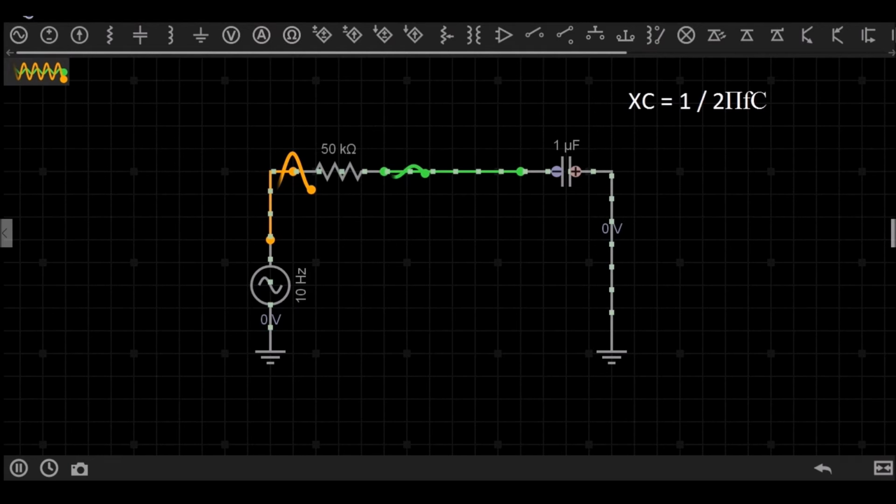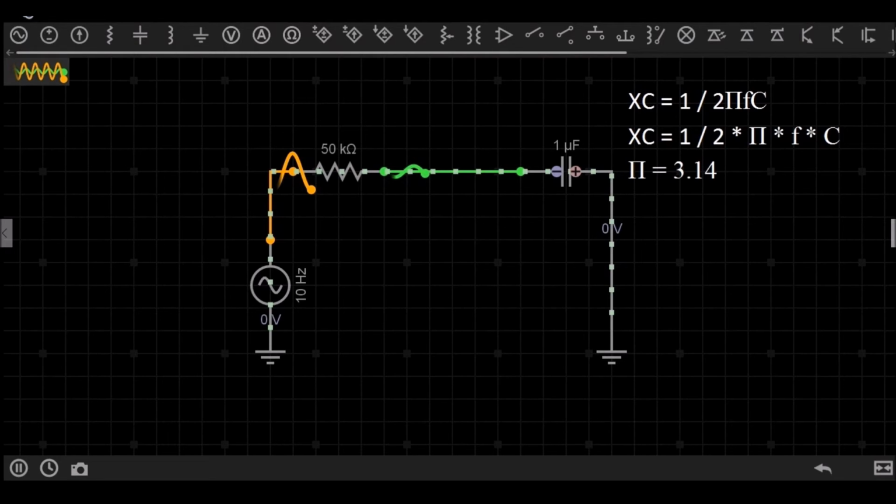Xc equals 1 divided by 2 pi Fc. So capacitor reactance equals 1 divided by 2 times pi times the frequency times the capacitance. We will use the value of pi to the first two decimal places.